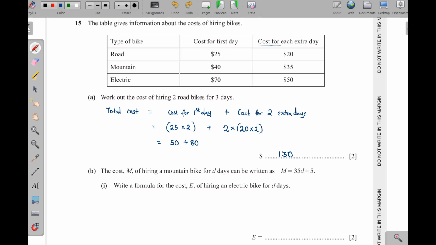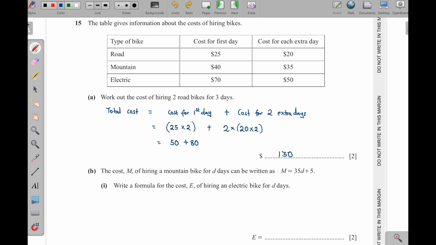Then there is the cost for an extra day. Now, if you hire the bike for D days, let's say 3 days, that means you're going to pay first the cost of the first day, then plus the cost of the other 2 days. You get it?